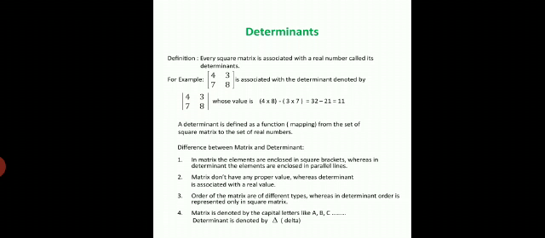Third one, the order of a matrix can be of different types, whereas in a determinant the order is represented only in square form. Fourth one, a matrix is denoted by capital letters A, B, C and so on, whereas a determinant is denoted by the symbol delta.